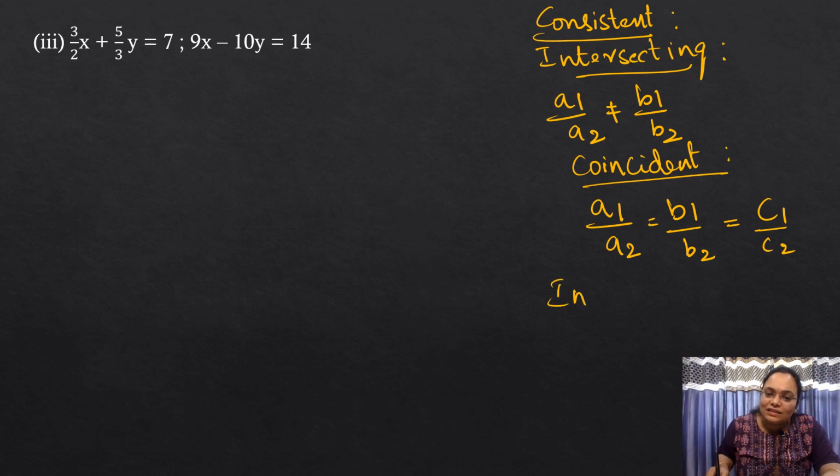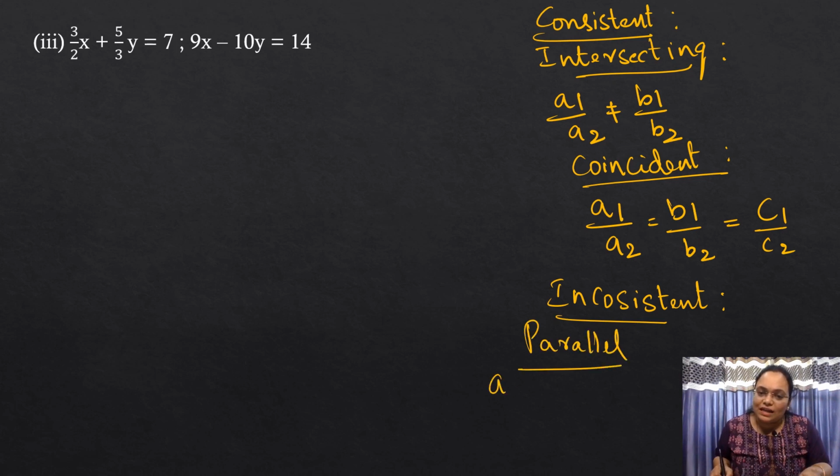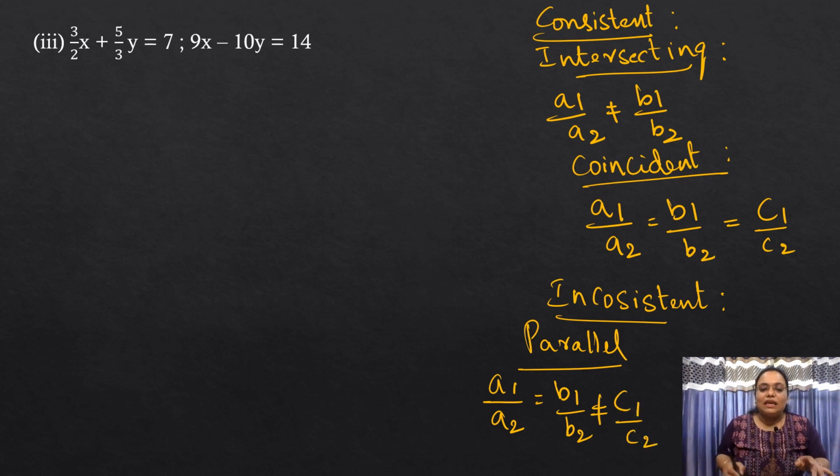In an inconsistent system, we only have one condition, that is parallel. Right? What is the condition? A1 by A2 is equal to B1 by B2 is not equal to C1 by C2. Right? See, if you remember this intersecting, coincident and parallel, by seeing the question, you can just simply solve the answers.